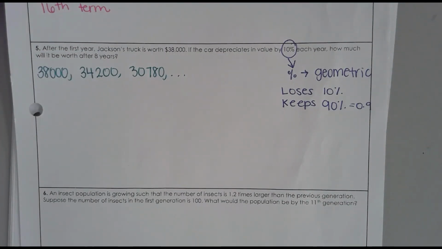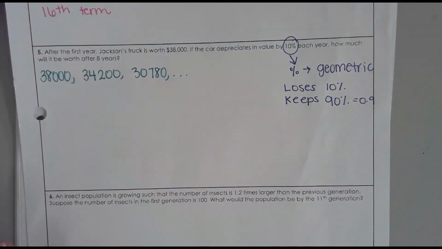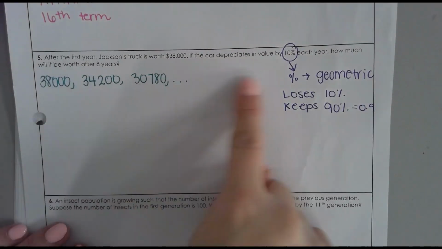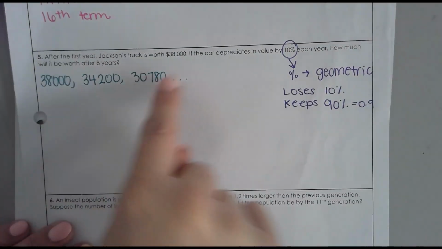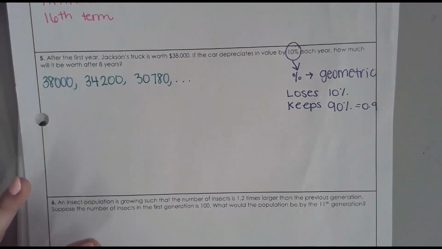So this one is geometric because we're multiplying by 0.9. And we want to know the value after 8 years. That is the 8th term. Your truck, at the 8th year, I'm not going to add all of those together. That would be way more than the truck is worth. It's just the 8th term.